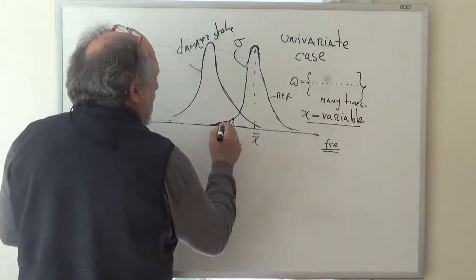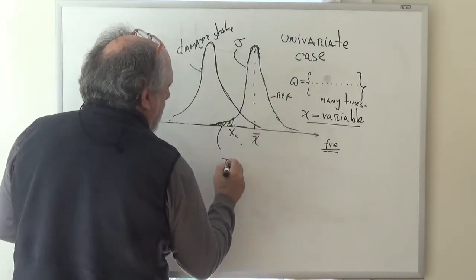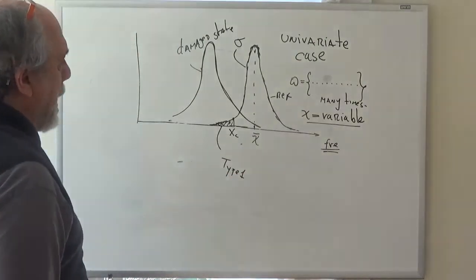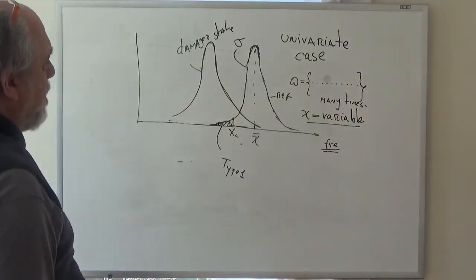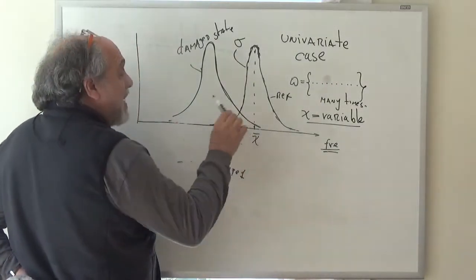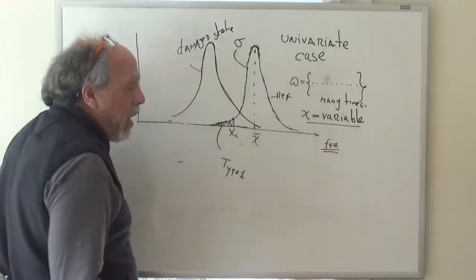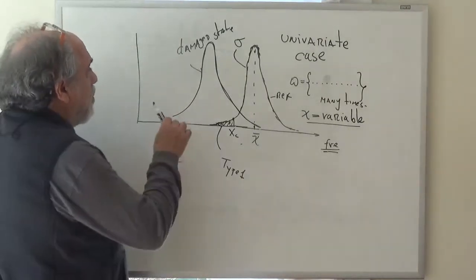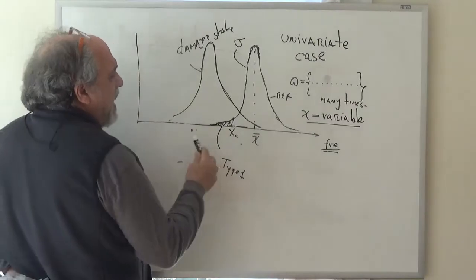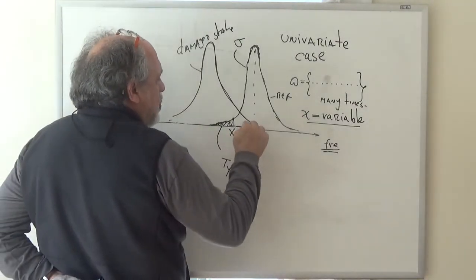And this is the critical, and that's the type 1, right? That we decided on. Now, if we decide on that type 1, what happens if we get a value that is, let's say that the system is in fact damaged now? Of course, we don't know. So the system is now damaged. We collect data today, and we find the x, and our x proves to be here.